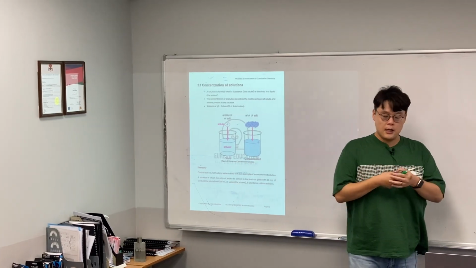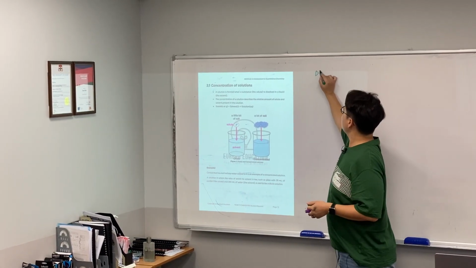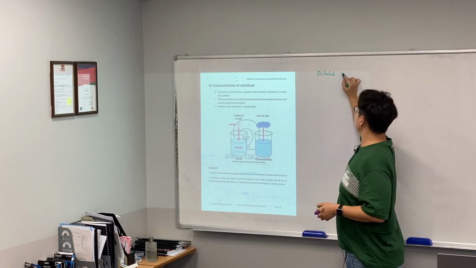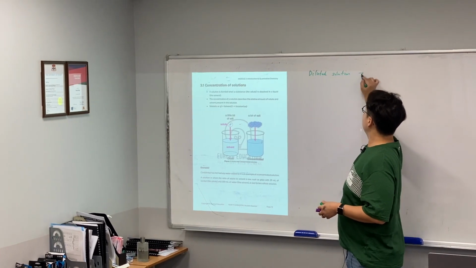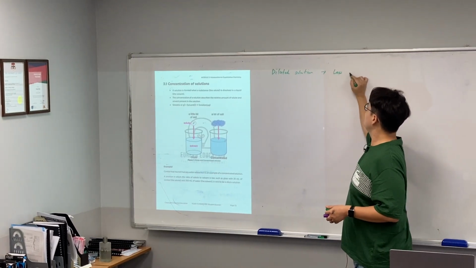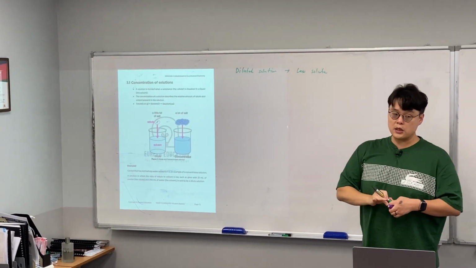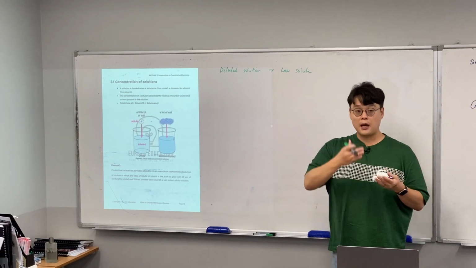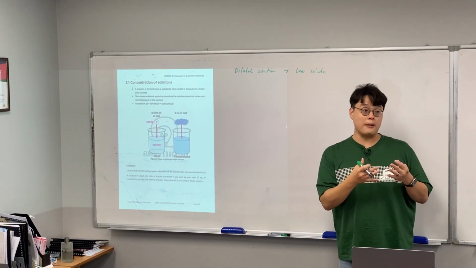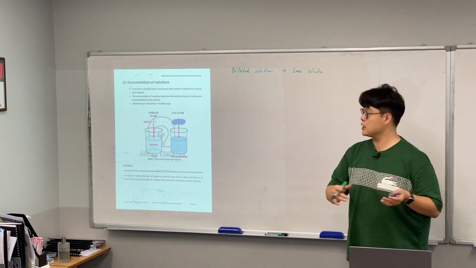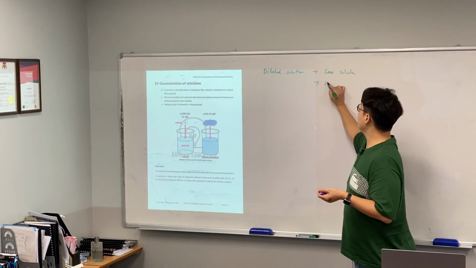It simply means a diluted solution. I can write it down in there too. Diluted solution: either there is less solute that you put into the solution. So instead of having one tablet, if I put in half, that's diluted because I don't have much of the tablet inside. Or the volume is high.